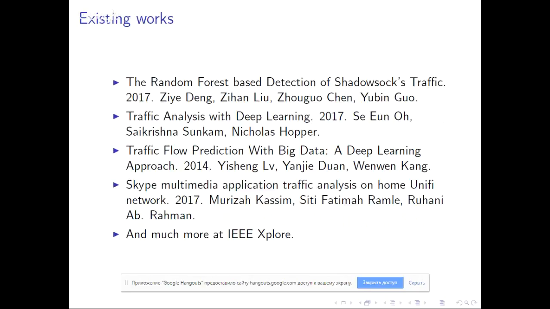Most of them are the works that use the third approach, machine learning and statistical features. Most of them appeared recently, several years ago. So if you are interested, you can look at them.